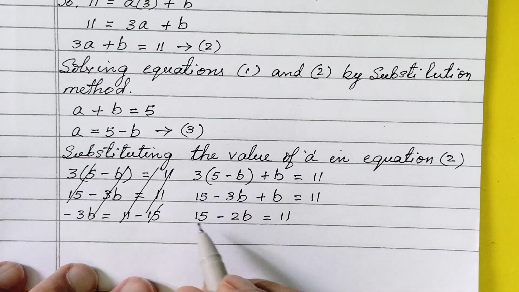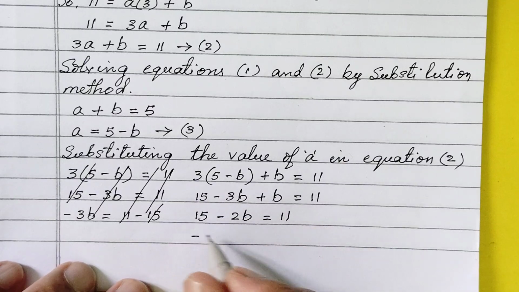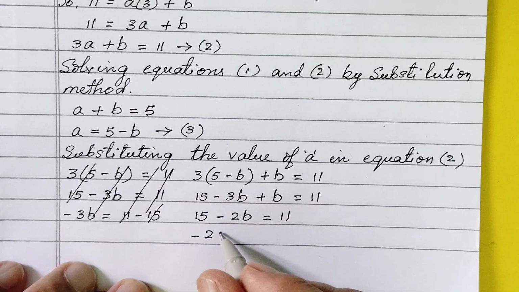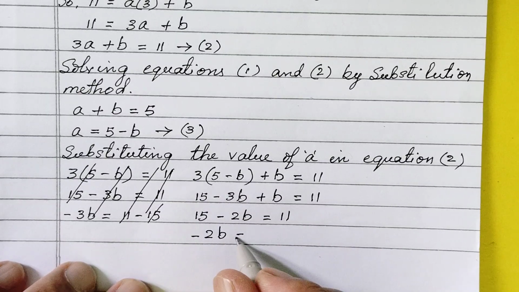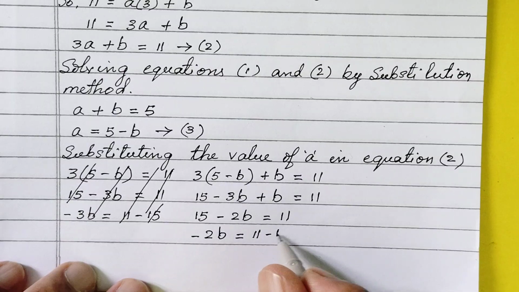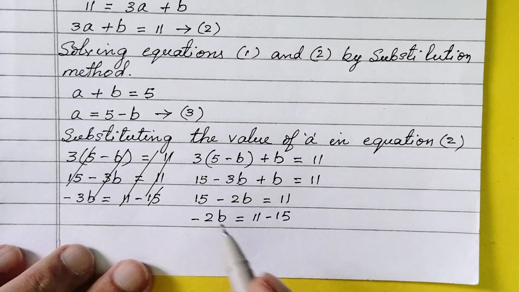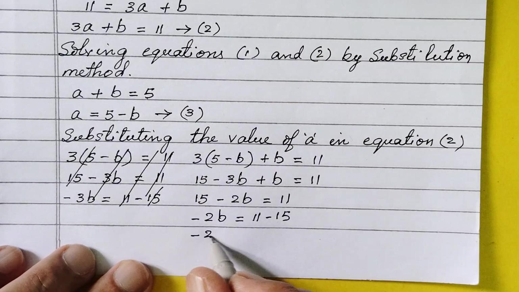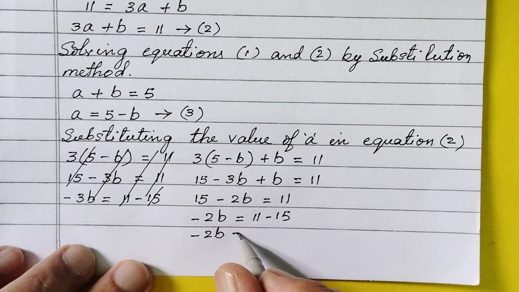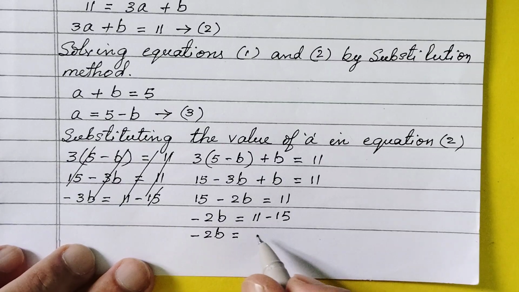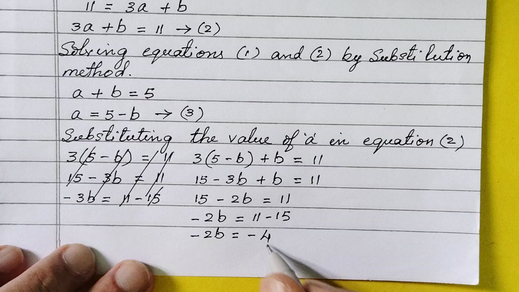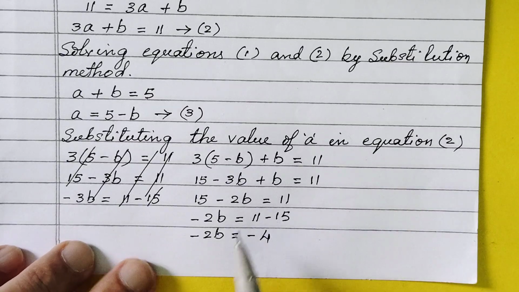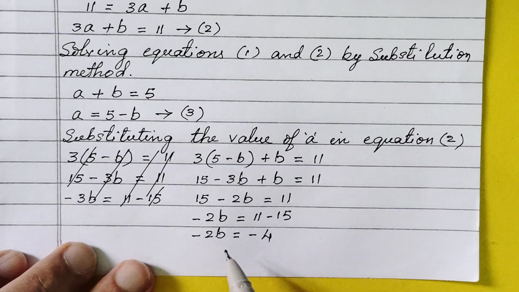I will take the 15 to the right side. So minus 2b will be equal to 11 minus 15. So minus 2b will be equal to minus 4. So I can cancel the minus from both sides.